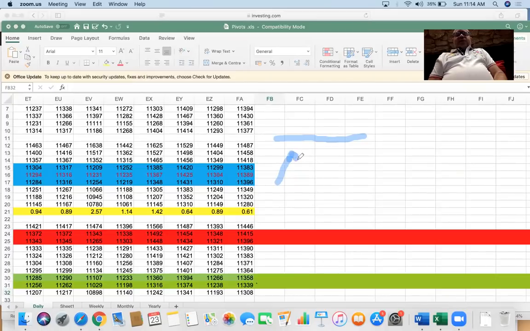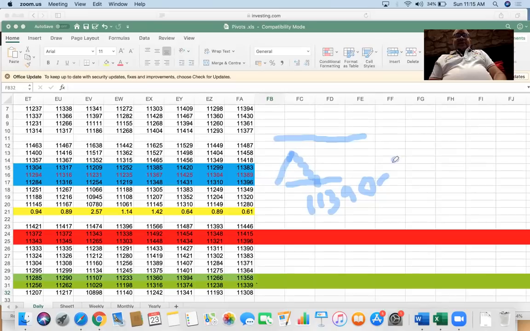You are looking for what the market does after this. If we come back towards 11,390, we will try to buy. Now why 11,390? The pivot point is 11,389 plus the H3 is 11,396.